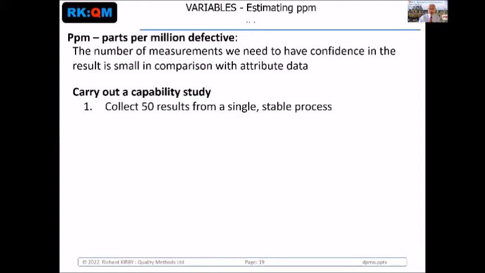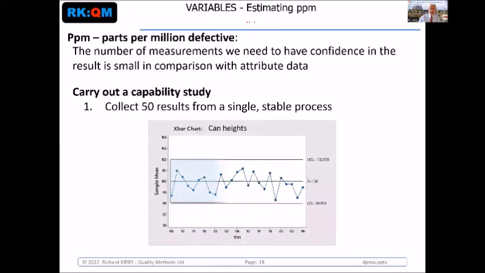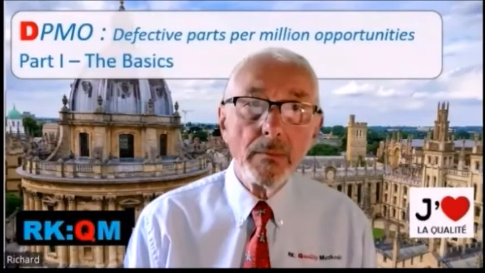For variable data, we take perhaps 50 samples from a single stable process. We shall define stability in part 2, but you can see in this chart of the data shown here, there are no points outside the control limits. Once stable, we can confidently carry out a capability study.